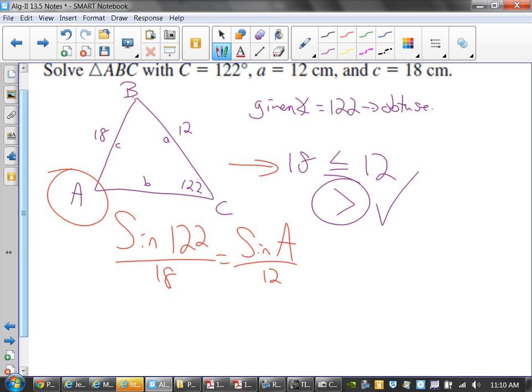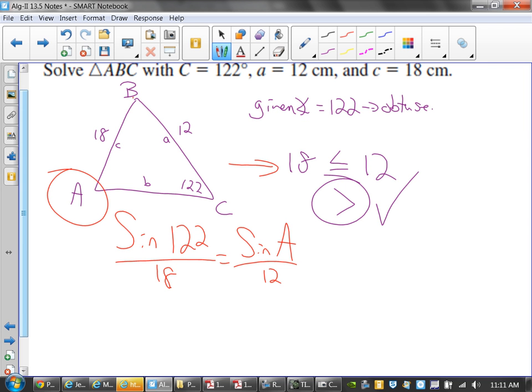Now yesterday when we did these problems, when you had to solve for the actual angle itself, what button did you have to press on the calculator? What were the buttons you had to press to find the missing angle?